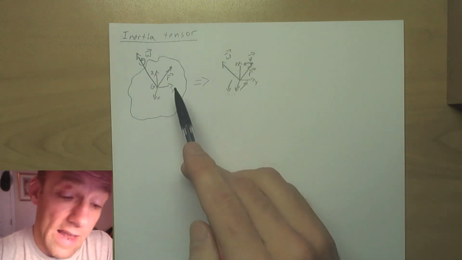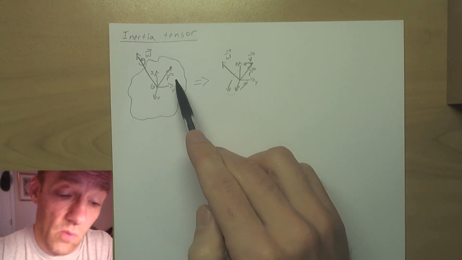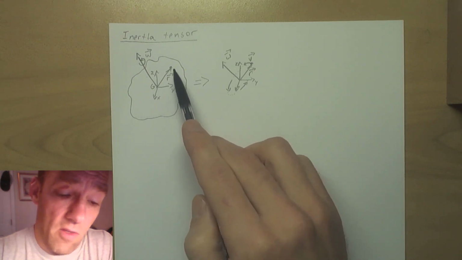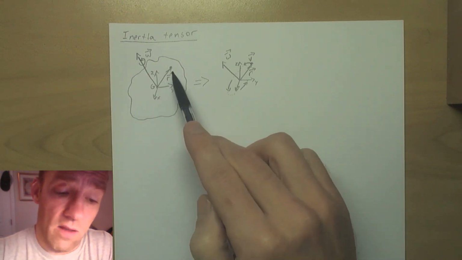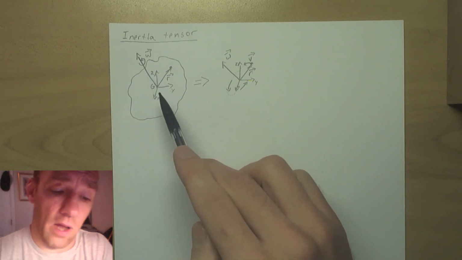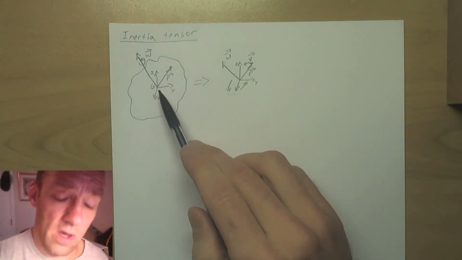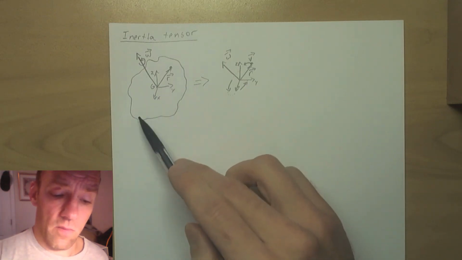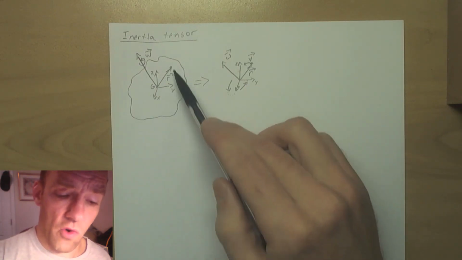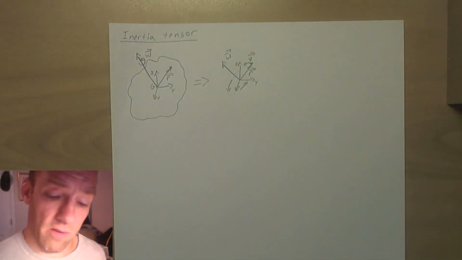Now we have a distributed situation where not only is the mass distributed, but the effects of applying a torque and the effects of rotation also provide a distribution of velocities within the object.